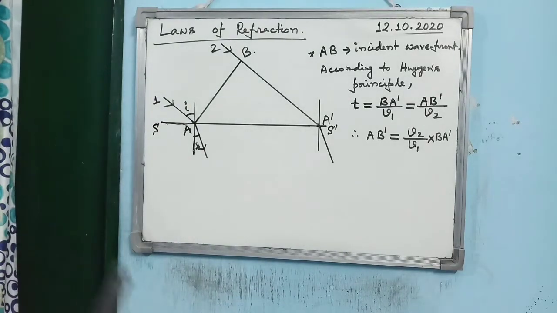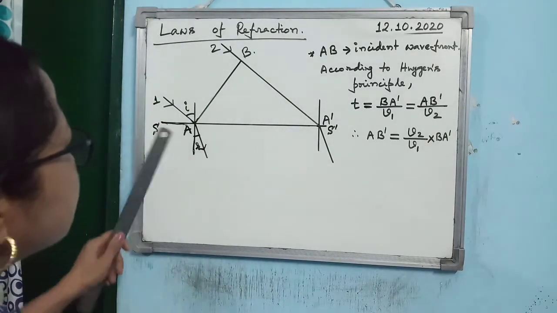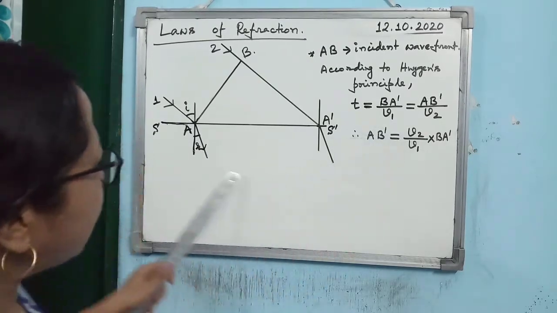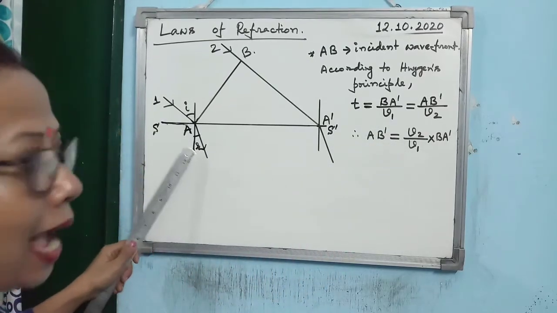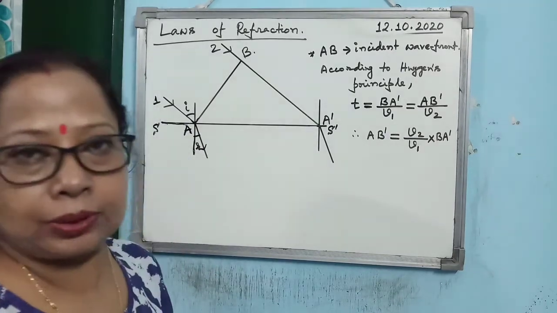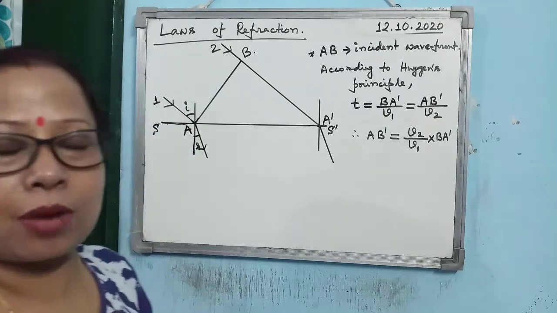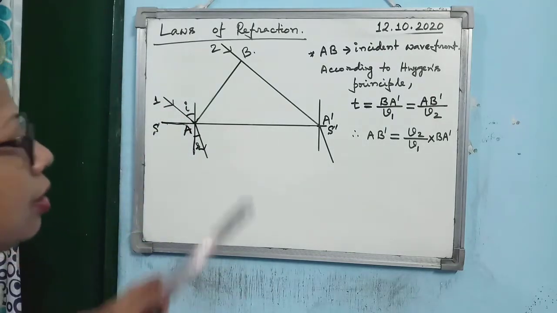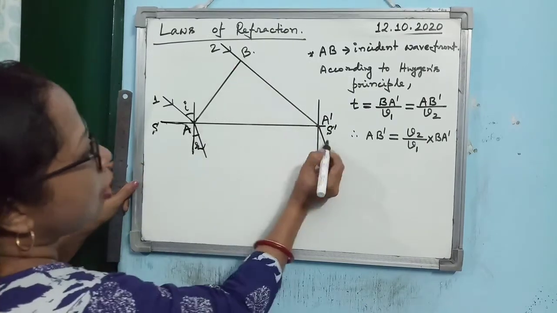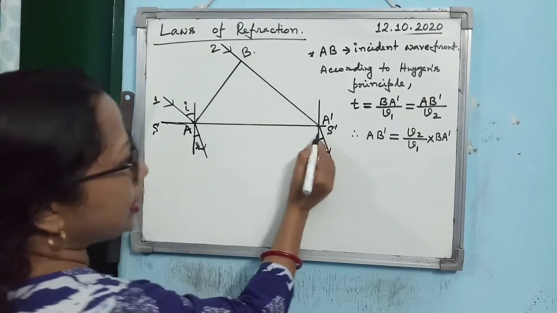Actually, to draw the diagram, you will center the point A, take the radius AB dash and draw an arc, and then from the point A dash draw the tangent to that arc. That is the original way to draw, but we will not do that. How will we draw? You see here, this is the refracted ray for the second one, isn't it?